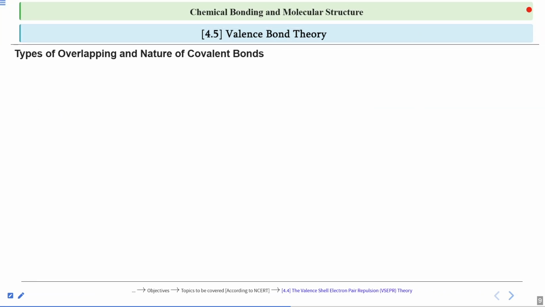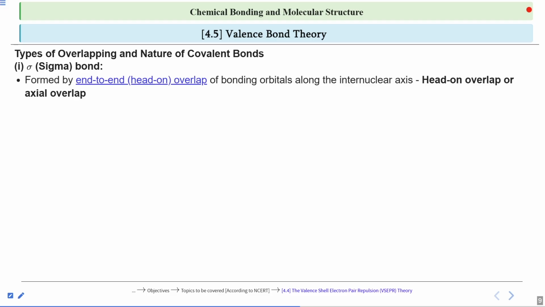Now let us move to different kinds of overlapping, and that will depend on the nature of covalent bond. So let us try to understand that part. What is the number of sigma bond here? It's very easy. Sigma bonds are formed by the head-on-head overlap of the bonding orbitals.